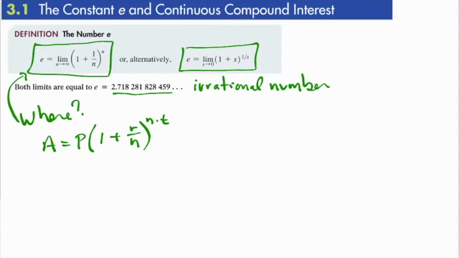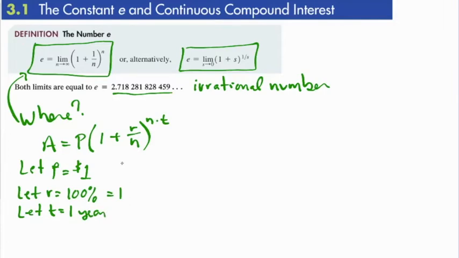And the Bernoulli family posited how much money could $1 earn in 1 year. So they said let P equal $1, let R equal 100% interest, which is equal to 1 as a decimal, and let T equal 1 year.